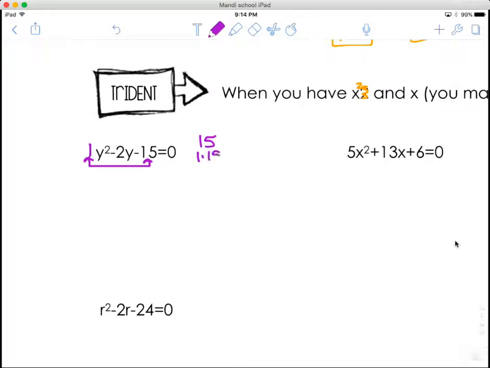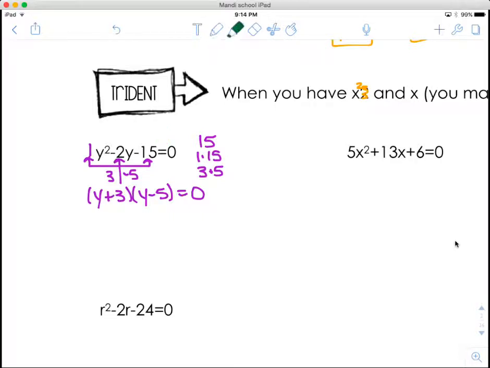That's 1 times 15, 3 times 5. To get a negative 2, that would be a positive 3 minus 5, or a negative 5 plus 3. And so that's a 1y plus 3, 1y minus 5, except this time we have equals 0. There's an equal sign right here that we have to make sure that we use.